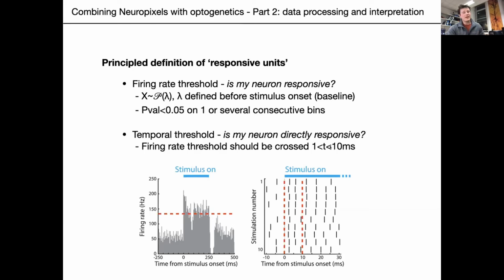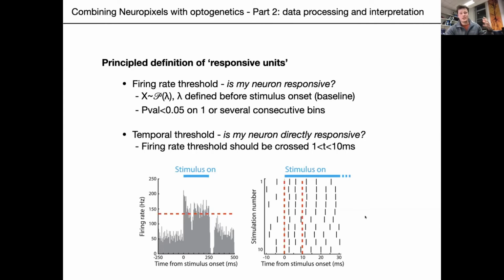It should really be faster than 10, ideally 5 milliseconds, because you have a lot of very delayed responses, whether they are behavioral, which will happen within 50 milliseconds maybe, or later, or whether they are caused by polysynaptic effects and reverberating activity caused by your optotagging.